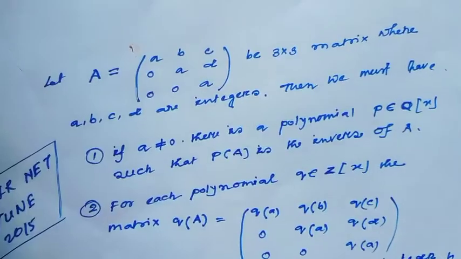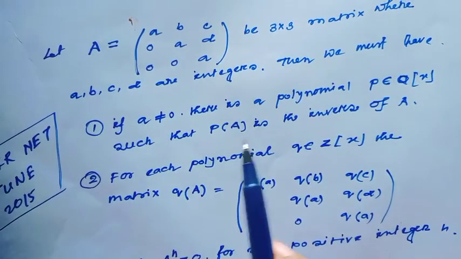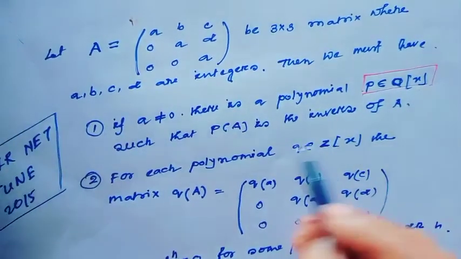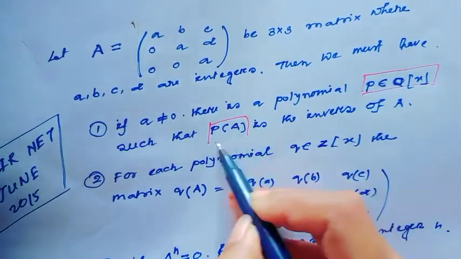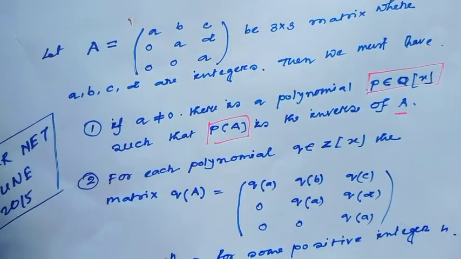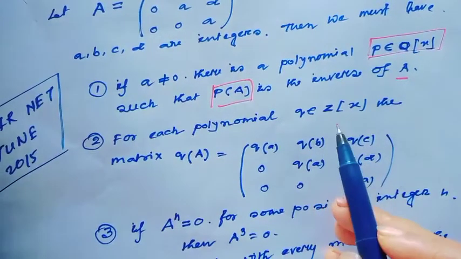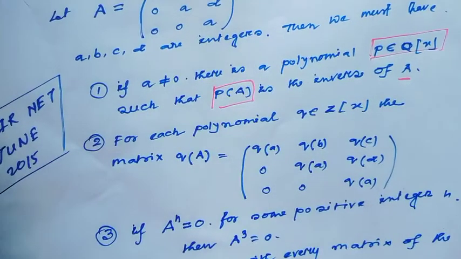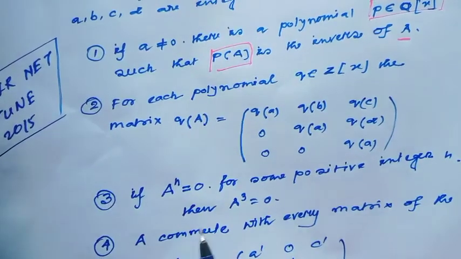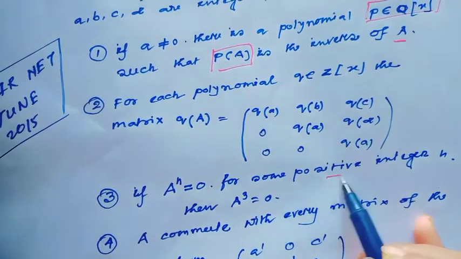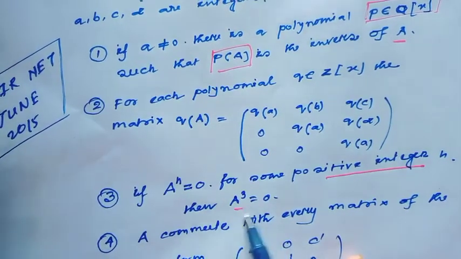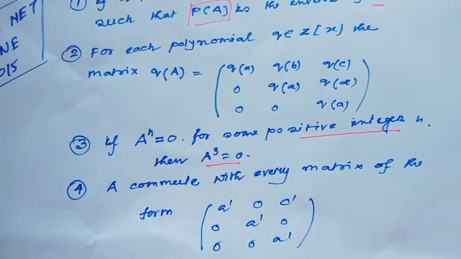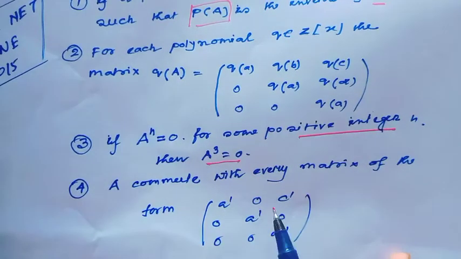Then we must have: option 1, if a not equal to 0, then there is a polynomial P in Q[x] such that P(A) is the inverse of the matrix A. Option 2, for each polynomial Q in Z[x], the matrix Q(A) equal to such type. Option 3, if A to the power n equal to 0 for some positive integer n, then that implies A cube equal to 0. Option 4, A commutes with every matrix of this form.